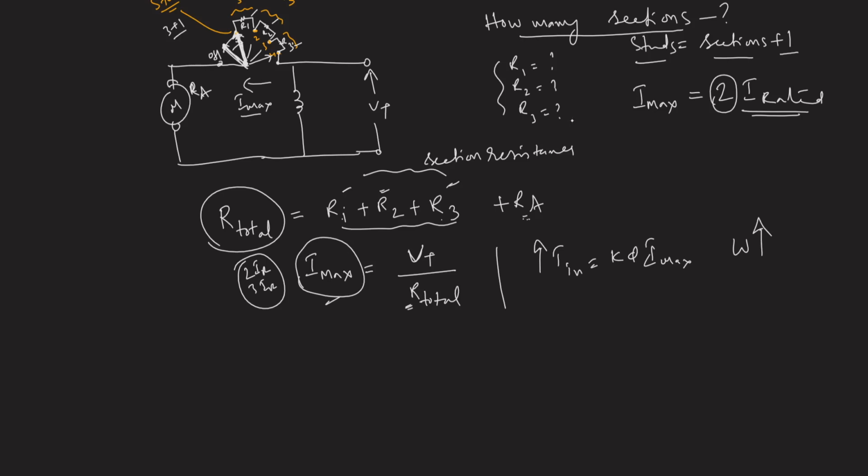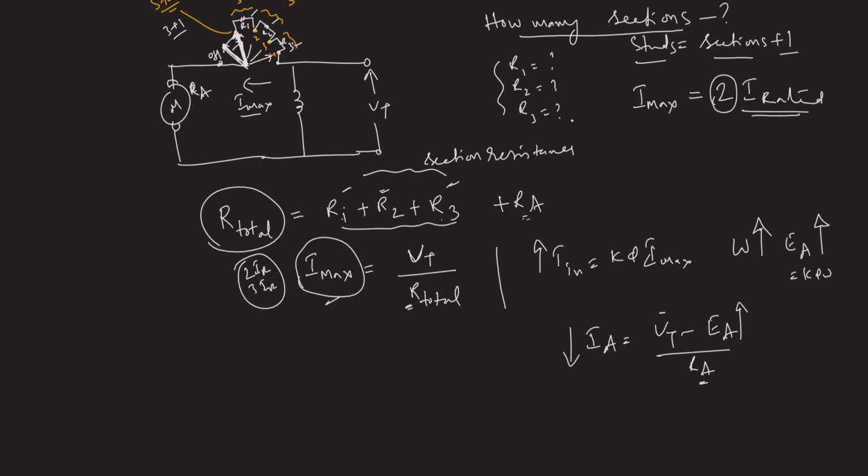When speed increases, the internal EMF induced in the machine also increases. Now at some time E will rise to such a value that the armature current comes down, because Ia equals Vt minus Ea by Ra. As Vt and Ra are fixed and Ea is increasing slowly, Ia will come down.